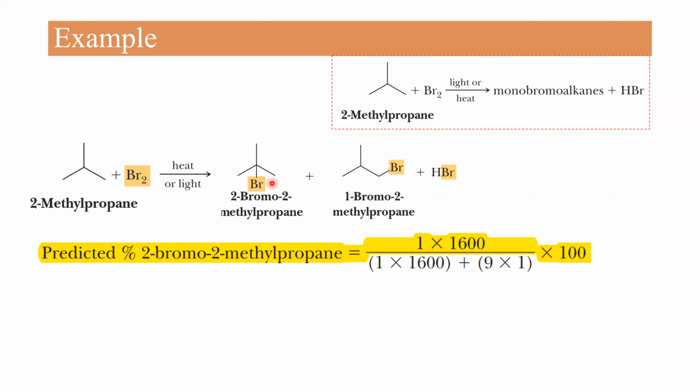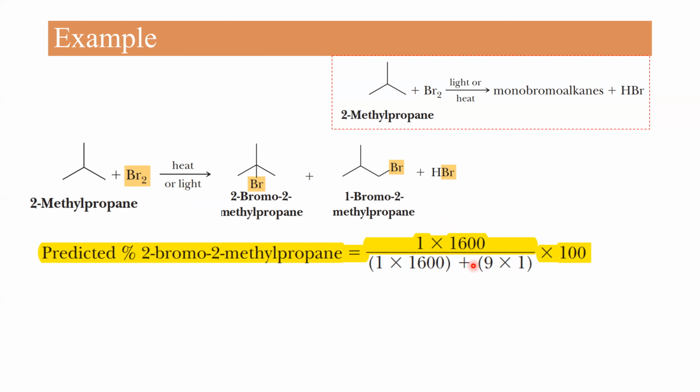It means in the numerator, firstly you will write the proton which has been replaced with the bromine, right? This tertiary carbon has only 1 proton. In other words, there is only 1 tertiary proton. So we write 1 here, multiplying it with 1600, which was the regioselectivity value for the tertiary proton for bromine, right?